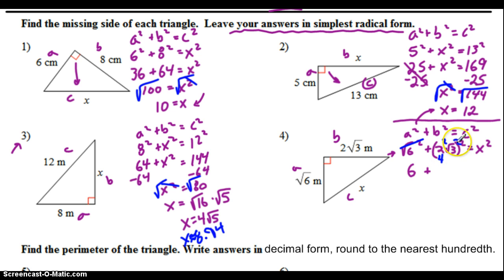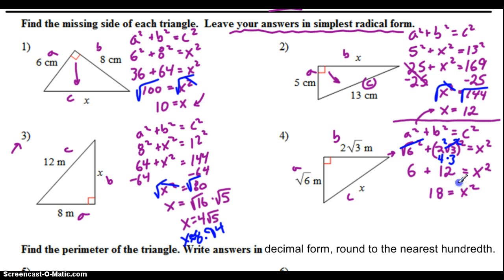And the square root of 3 squared, those two things are inverse operations, they cancel each other out, and we're left with just 3. So 4 times 3 is 12. So the square root of 6 squared is 6, and 2 square root of 3 squared is 12, equals x squared. 6 plus 12 leaves us with 18 equals x squared.